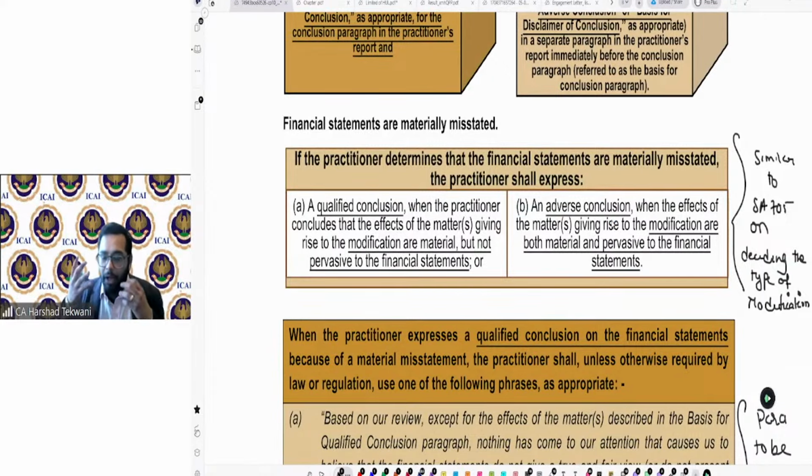You give an opinion when you have sufficient and appropriate evidence to form a basis for your opinion based on reasonable assurance. But when I have performed limited review procedures, I cannot issue an opinion. I can only conclude that, after performing the procedures, nothing has come to my attention. That's why in SRE, we use the word conclusion, not opinion.